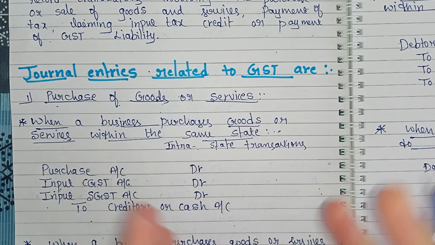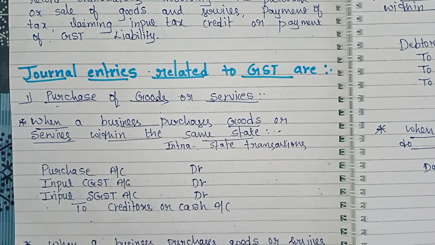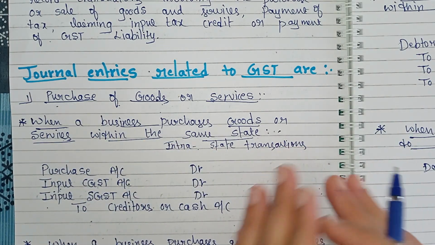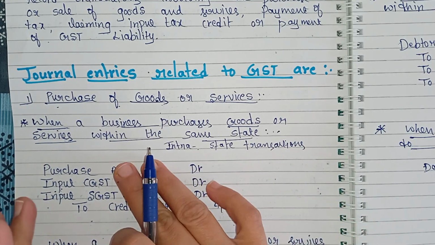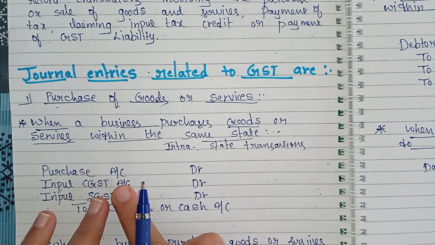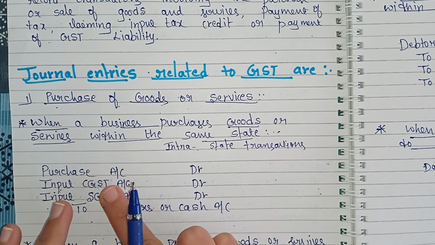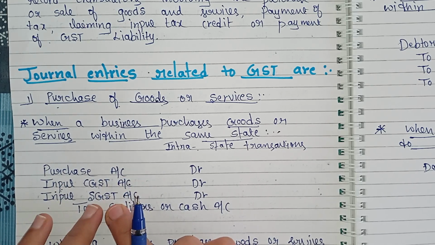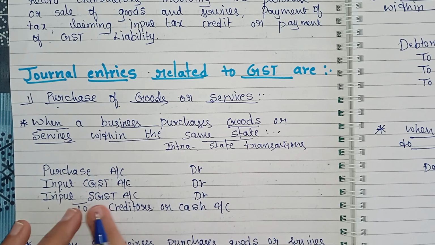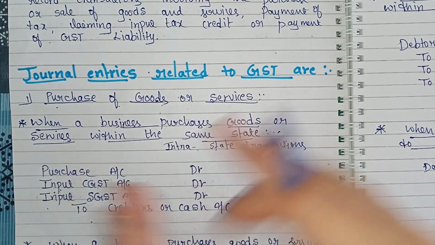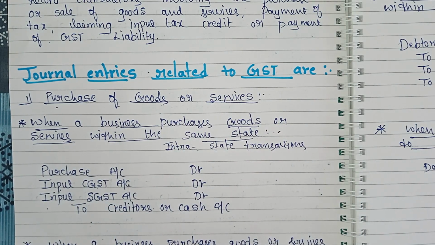When a purchaser buys goods or services within the same state, means intrastate transactions, they must pay the central goods and service tax and state goods and service tax to the supplier.